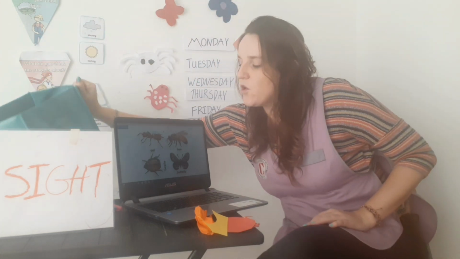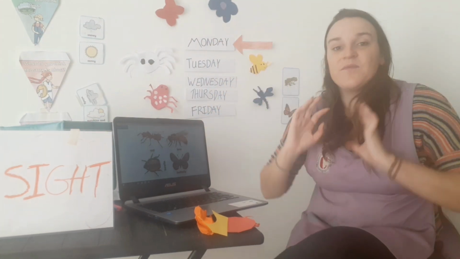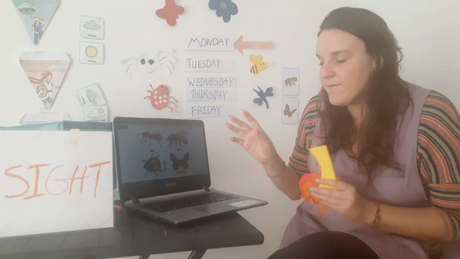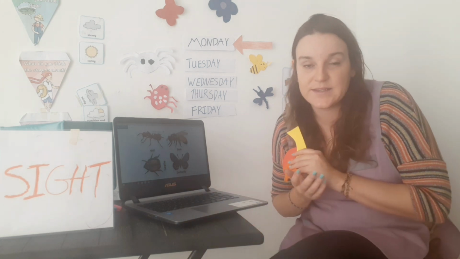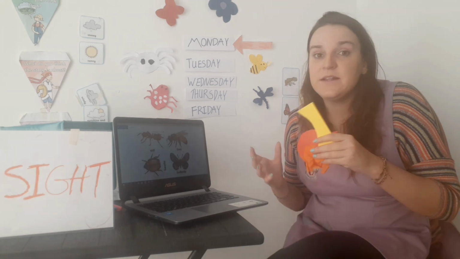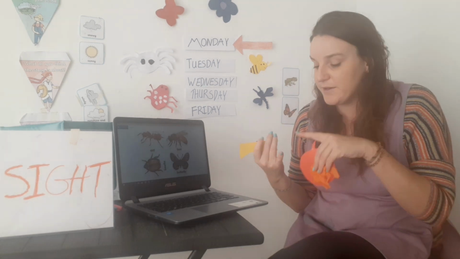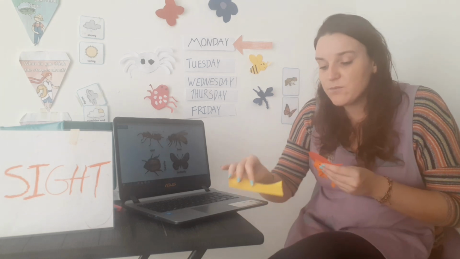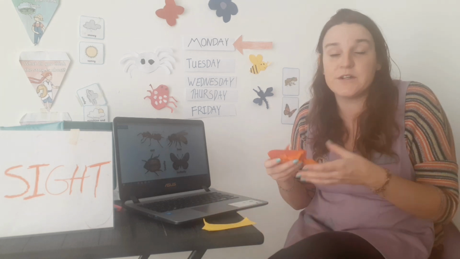Why do I have so many colors? So when we see insects, there is no single color for insects. Insects come in many, many different colors. So they come in different colors, they come in different shapes. When we see them, we see what color they correspond to.